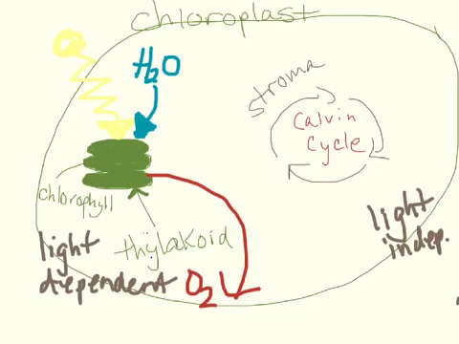So then over here, you remember that another part of the reactants is CO2. So CO2 is coming in. What color should I make that? Make that some kind of purpley color. There we go. Okay, so CO2 is coming in from the atmosphere.